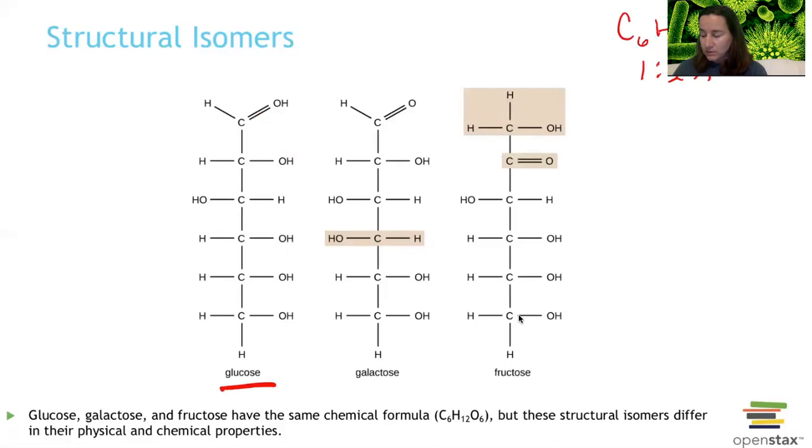This is what glucose looks like. But this is galactose, and this is fructose, and they all still have this chemical formula C6H12O6, but you can see they are built differently. These are isomers, so they have the same building blocks, but you put them together differently.